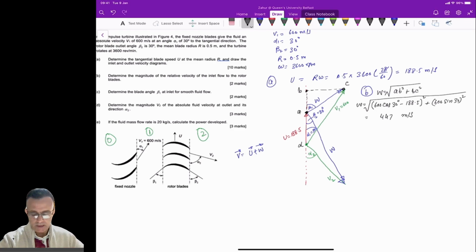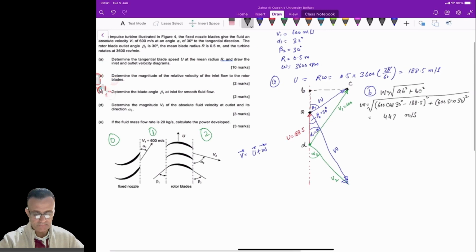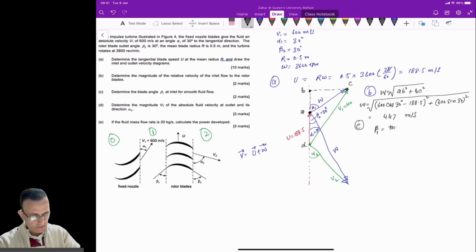Now in part C, you need to determine the blade angle beta 1 at the inlet for the smooth fluid flow. So again, this part C, you need to calculate this beta here. So beta 1, you can calculate from this triangle, which is tangent inverse BC divided by AB, and we just calculated BC and AB here.